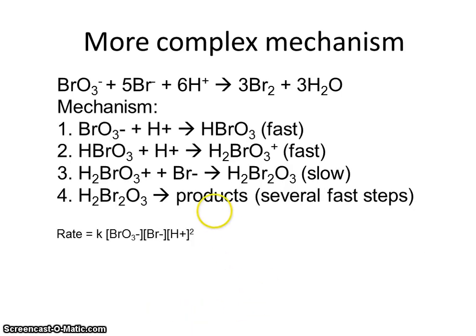The very hardest questions along these lines are when the mechanism has a rate determining step which is not the first step in the mechanism. Here, the rate determining step is the third step in the mechanism. And here we have to use the fact that any reactants that appear before the rate determining step or in the rate determining step will affect the rate of reaction. So look at what's going on here.